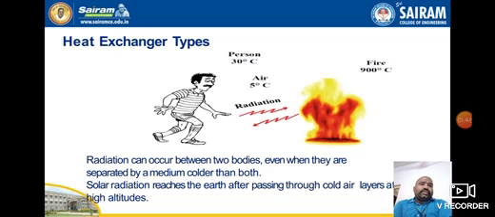So even though he does not touch the fire, he feels and receives the heat. Radiation can occur between two bodies even when they are separated by a medium colder than both. Solar radiation reaches the earth after passing through the cold air layers at high altitudes. Okay.